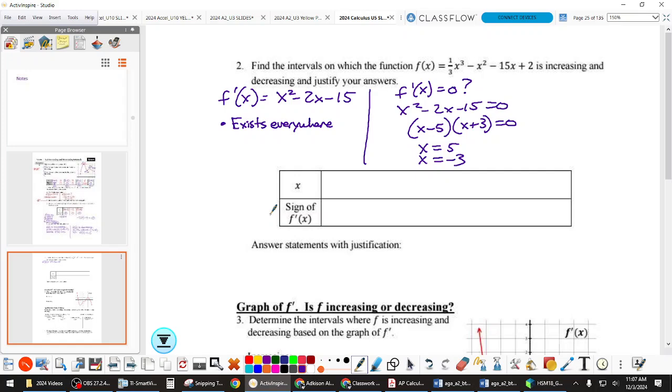Okay, so this time we have 2 critical points, so we'll need 5 sections, 1, 2, 3. We need 5 sections because we need space on both sides of the critical points.